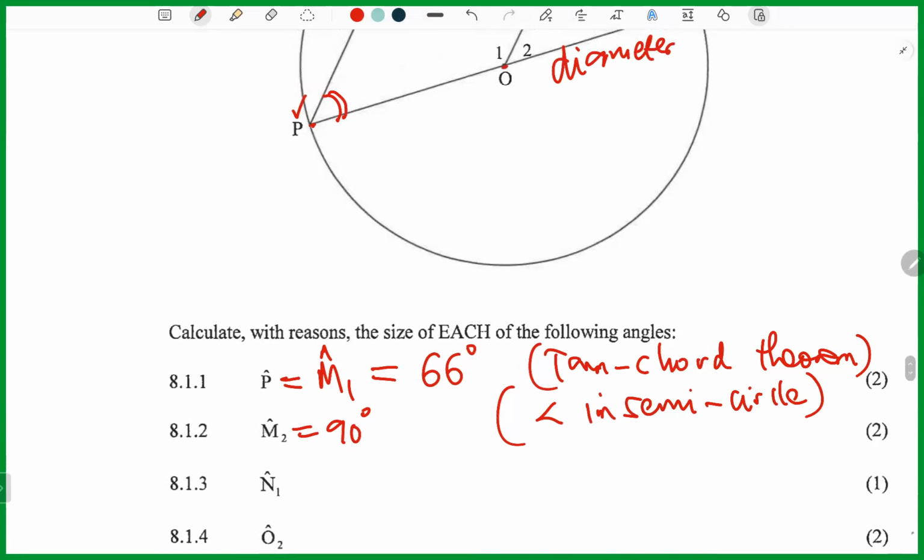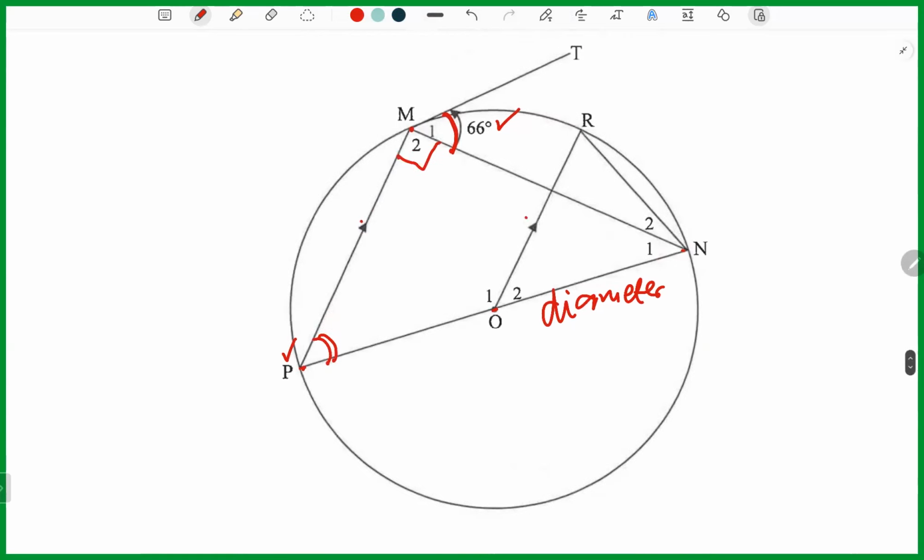The next thing is we are interested in angle N1. What is the size of angle N1? We already know this one is 66 degrees, and this one is 90 degrees. So angle N1 is the third angle in the triangle.